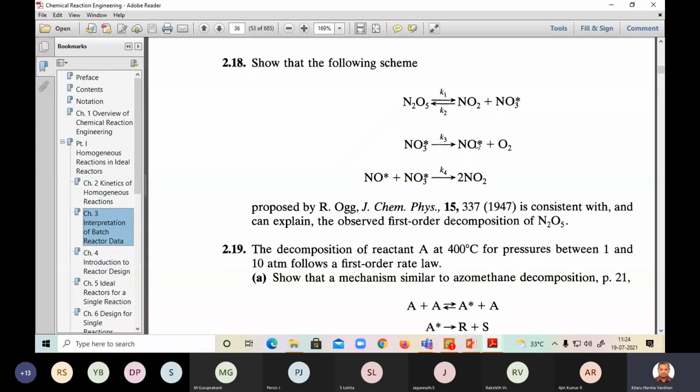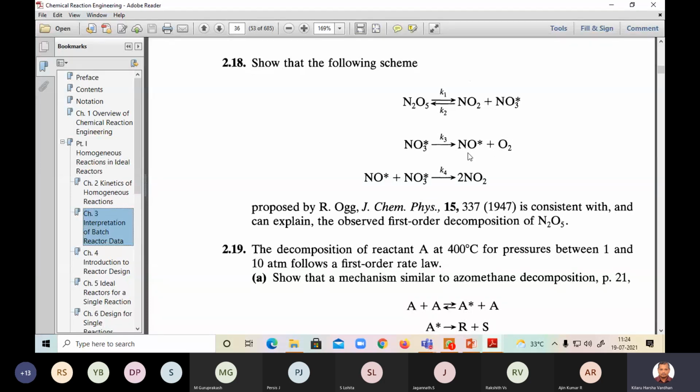You understood what I mean to tell? So when there is a chain mechanism, when there are two intermediates being formed, the main reaction consists of one intermediate. If you want to eliminate that intermediate, if you write the appearance and disappearance, it will come in terms of one more intermediate. So you have to eliminate that intermediate also.